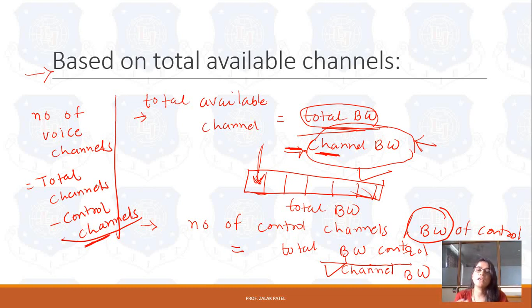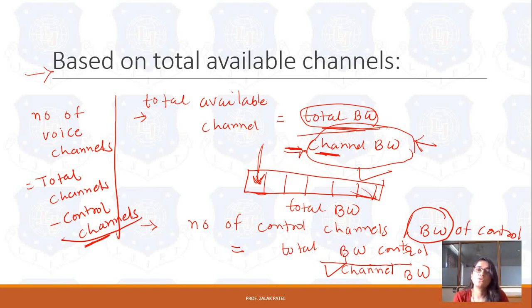Now if in place of the number of control channels, the number of voice channels is asked, then you have to divide the total bandwidth available for the voice channels by the channel bandwidth. Then you simply subtract that value from the total number of channels, and you get the number of control channels.